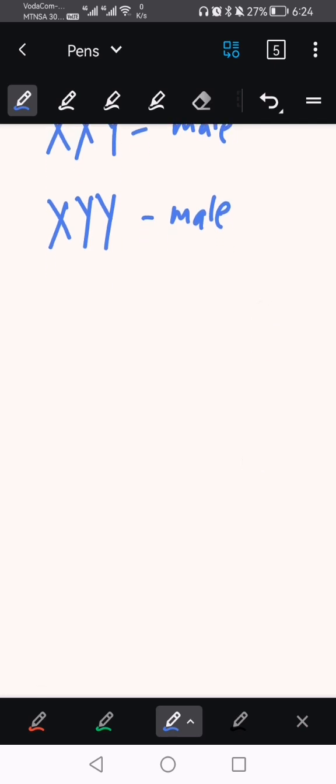And then I also just want to quickly touch on something. The egg cell does not determine whether it is a girl or a boy.